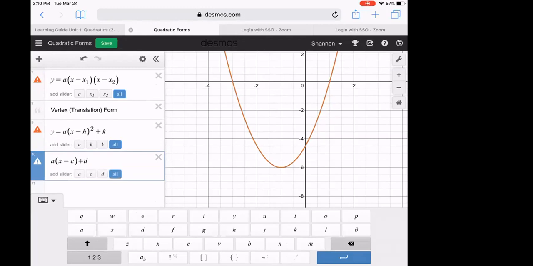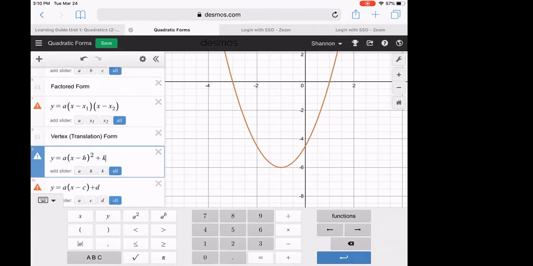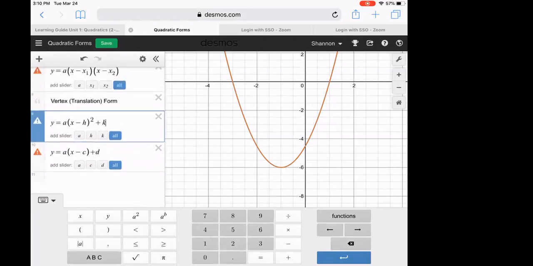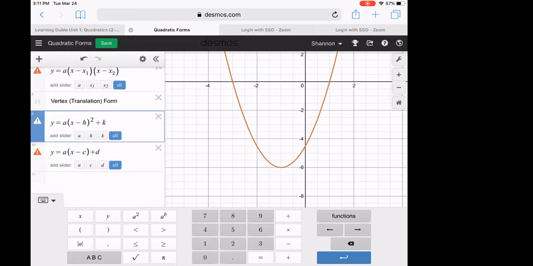C and D. That's what translation form looked like in our previous unit. Well, vertex form, I mean, check it out. They're right next to each other on my little Desmos screen right now. Hopefully you can see that. They're the same. Just because vertex form calls it H and K and translation form calls it C and D, it's the same. Horizontal shift on the inside, vertical shift on the outside.